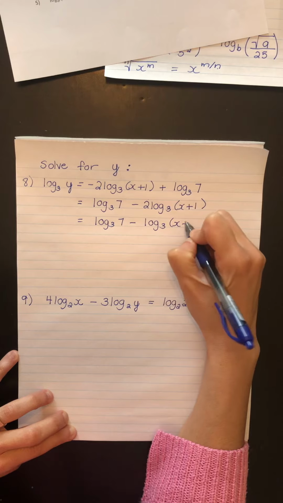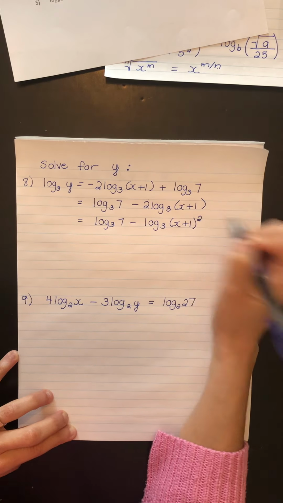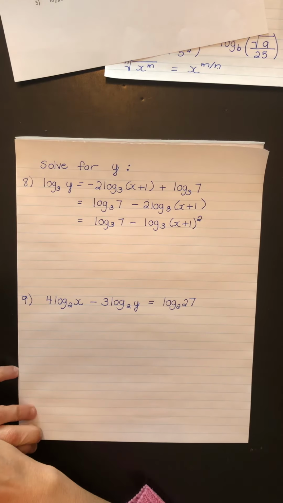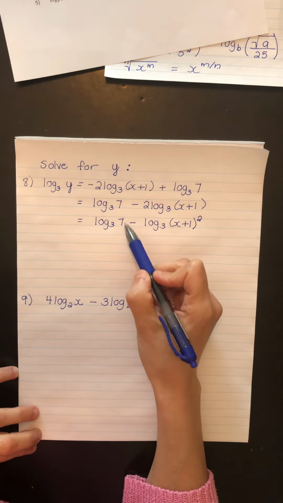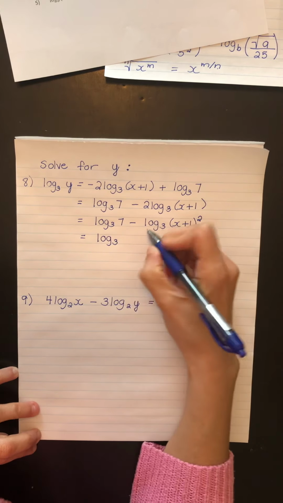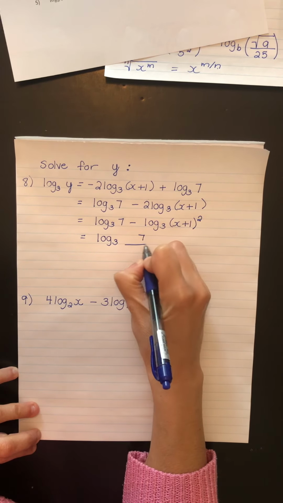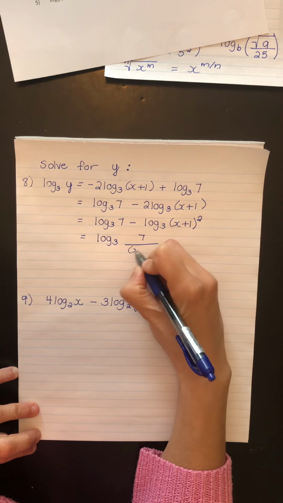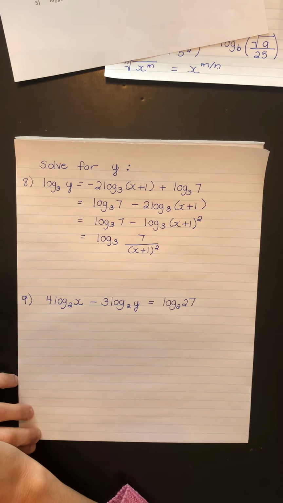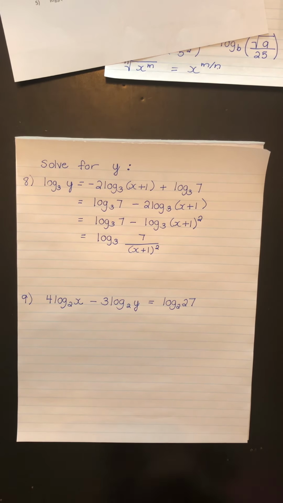We now have x plus 1 squared. The coefficient became the exponent. Subtraction allows us to now write this with 7 over x plus 1 all squared, like this. Now we have the left is a single logarithm of base 3.